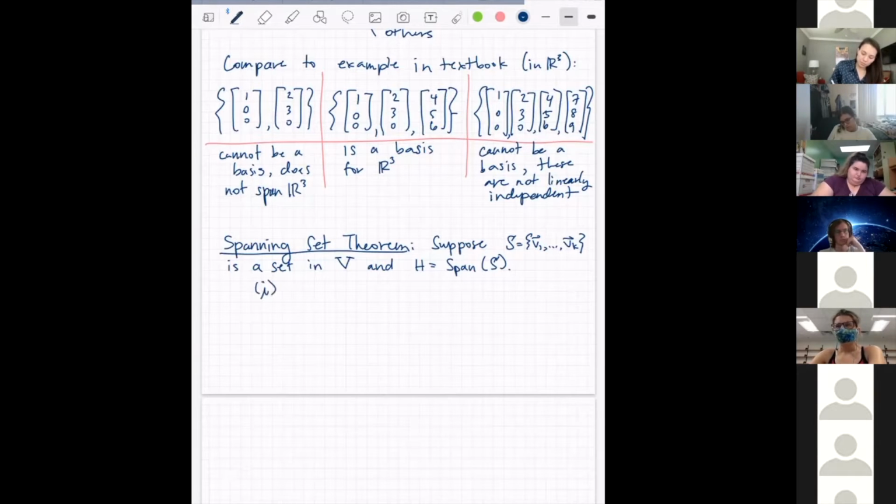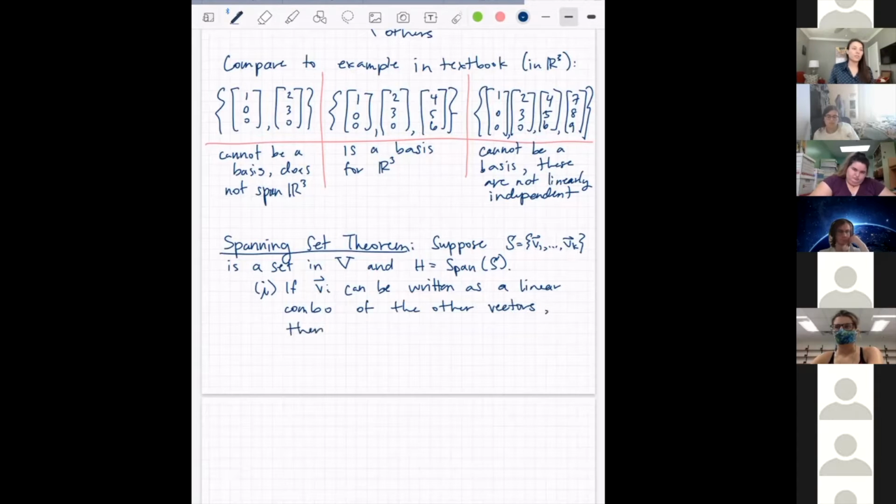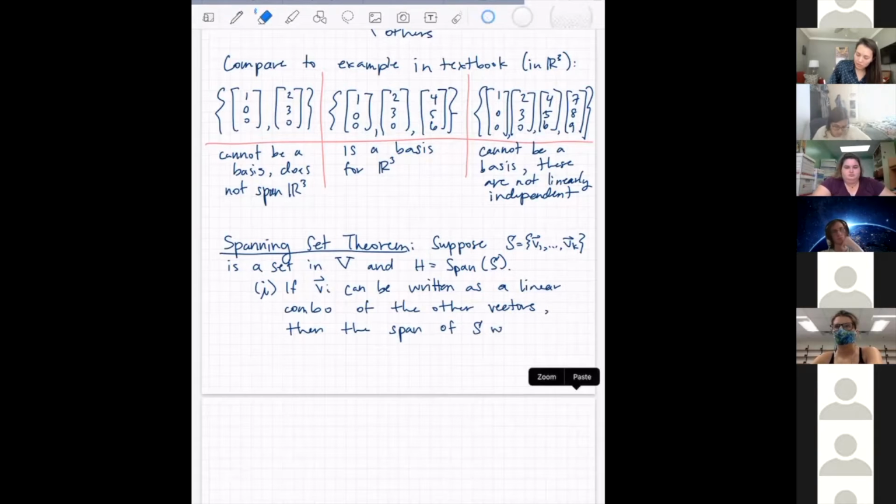First of all, if vi can be written as a linear combination of the other vectors, then if you look at the span of S minus vi, meaning the set where you take out vi and you have everything else, the span of that will still be H, right?